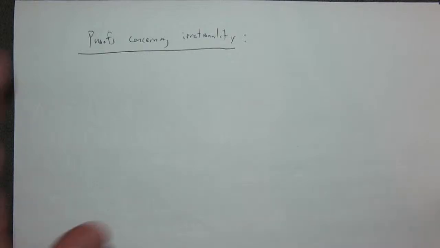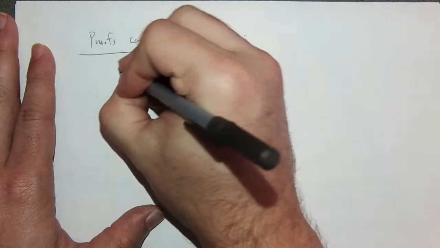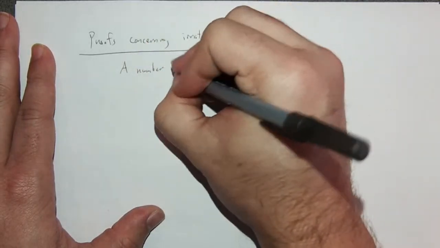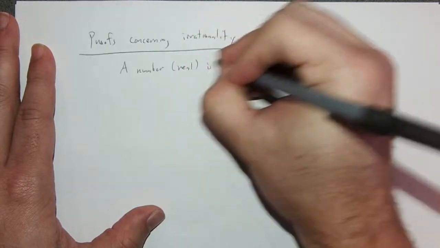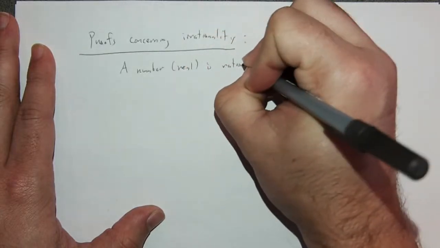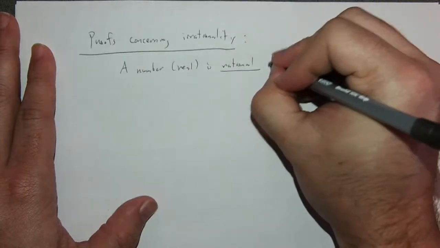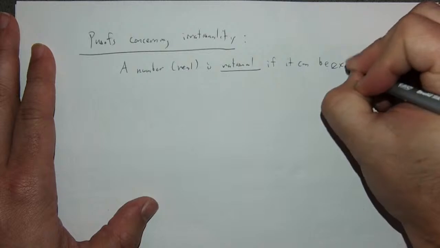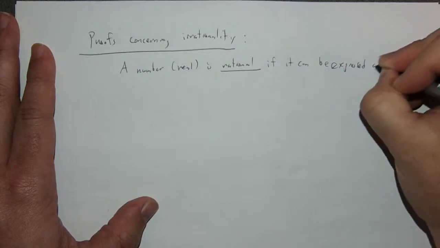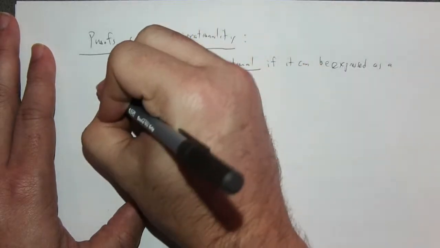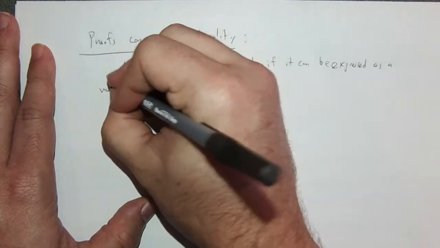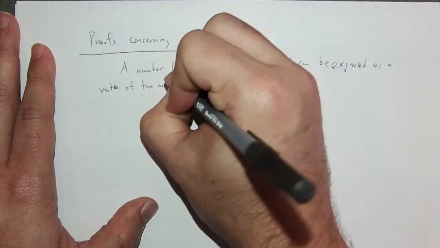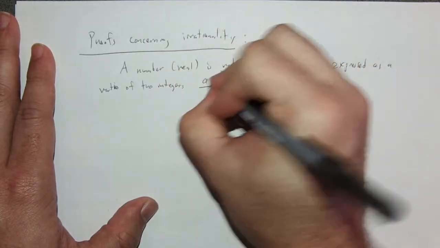So just quickly, a real number is rational if it can be expressed as a ratio of two integers, a over b.